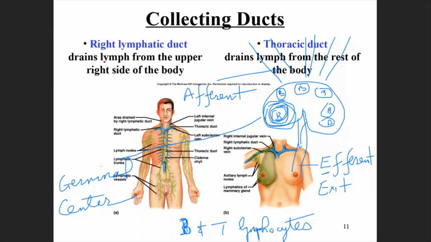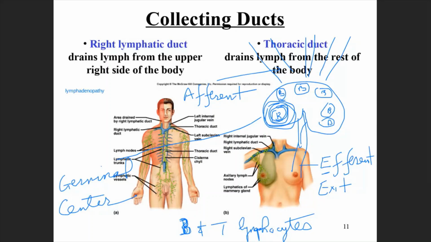Adeno refers to glandular. Apathy means disease. So you have an enlarged lymph node. Whenever you have an infection in the lower extremity, like your foot, for example, your lymph is going to drain from that, potentially carrying pathogen, and it goes up into your inguinal lymph node.